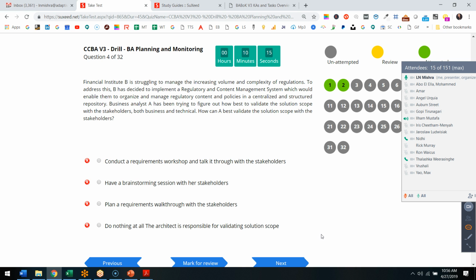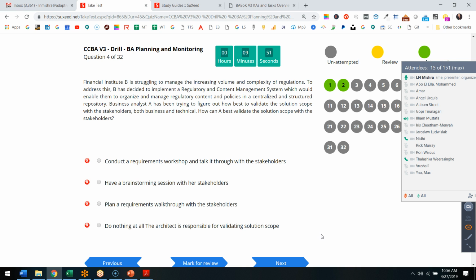I will say B, have a brainstorming session with a stakeholder. But they already put the requirements out there. So this question is about validating the solution scope with the stakeholder. I would go with A. One second.